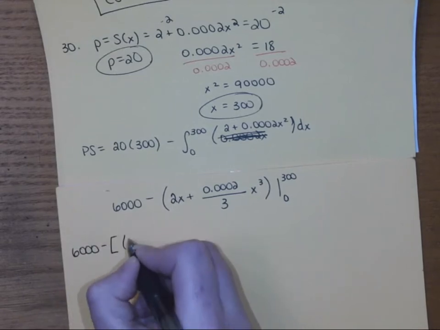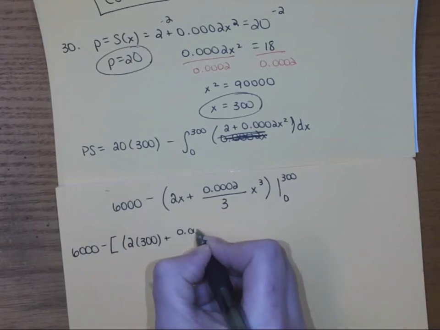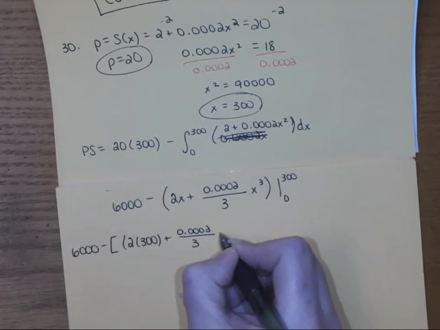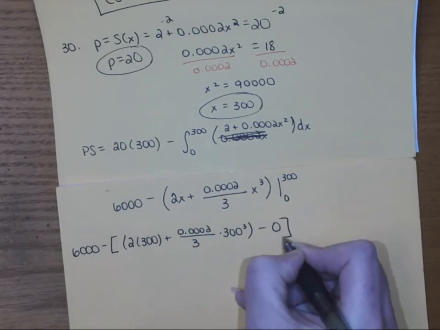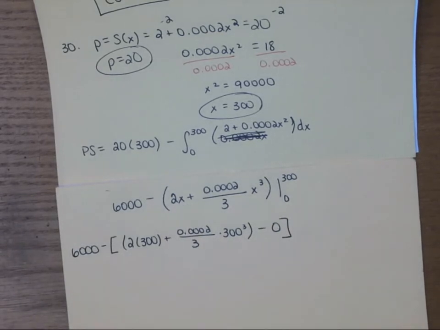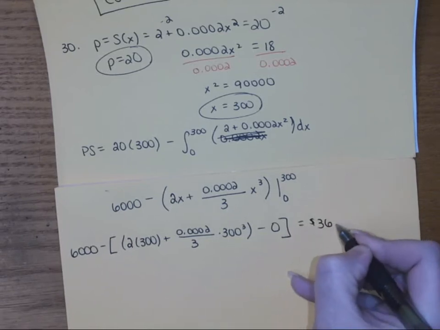Okay, so we're going to plug in 300, minus the big fat 0. 0 and 0 would just give you 0. And so if you do all of that, you get 3,600.